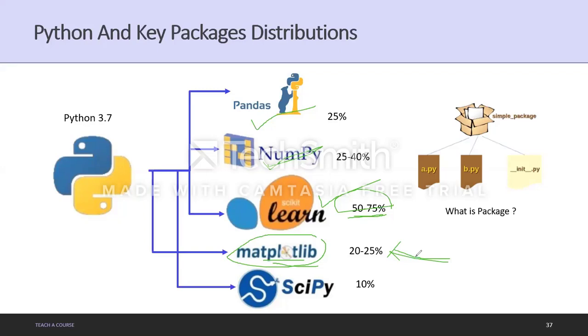Okay, so I hope you understood what a package is. That's the reason I put up this diagram. A package is nothing but a set of individual files that comes along with the package. So don't think too much about what files are available inside pandas and what files are available in numpy. Forget about that.